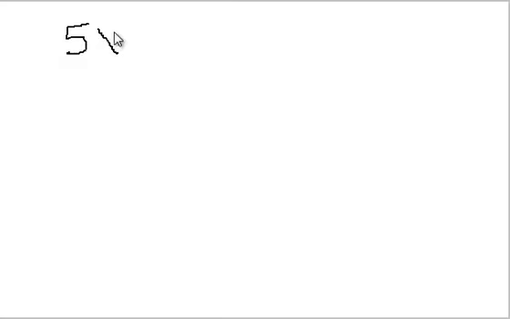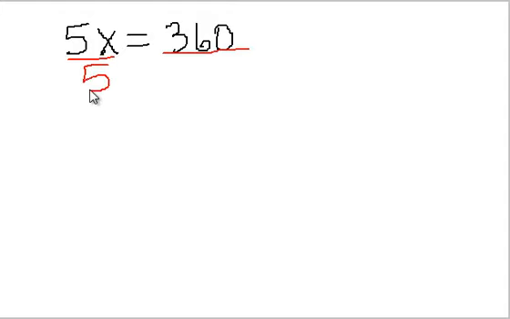That's the same as 6x minus 1x. And that equals 360. And I'm now going to isolate x by dividing both sides of the equation by 5. So these 5's divide out, and I'm left merely with an x on the left, and 360 divided by 5 is 72.